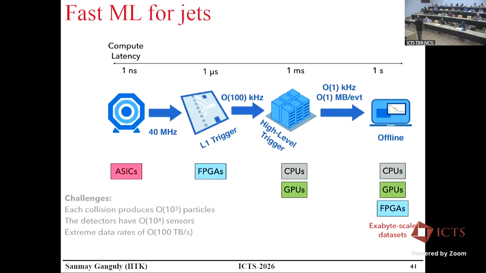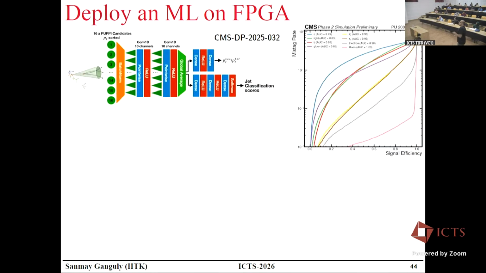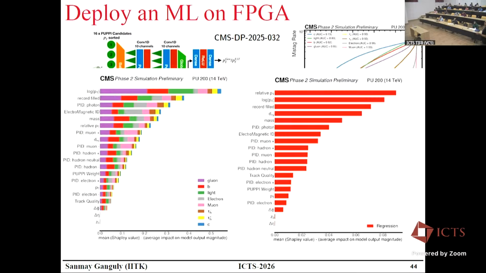Here we already have some amount of data gathering because we do L1 triggering and things like that. That is a hardware level trigger, with electronic signals and so on. With that, we want to do machine learning. People are already trying to see if that's doable.